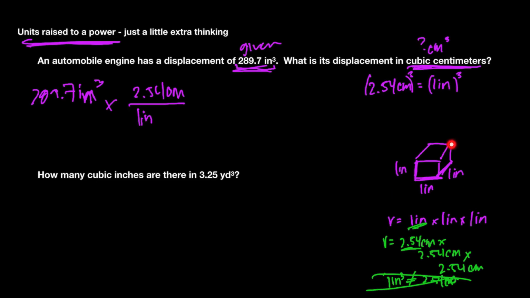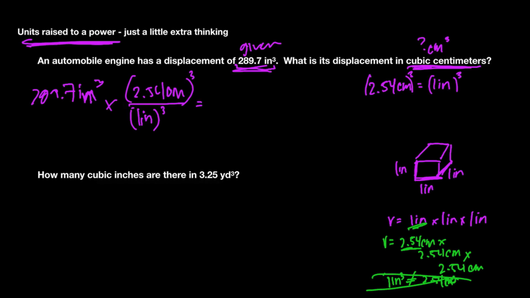if you forget about this whole 3-dimensional concept, because obviously 1 to the 3rd power is still 1, right? But if you think about the cube example, I think that's very helpful. Which means we'll take this whole conversion factor and cube it. Now what that means, 2.54 cubed is actually 16 and change.